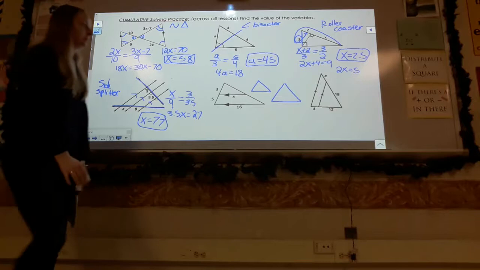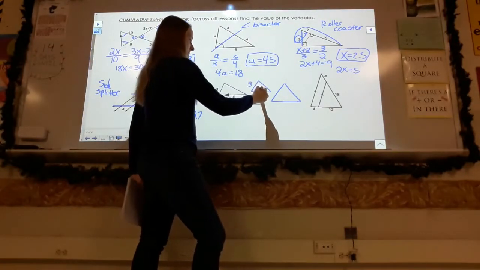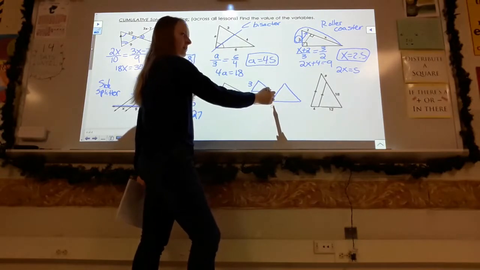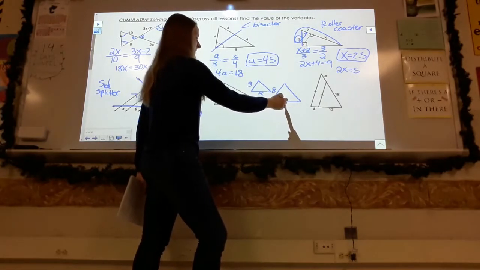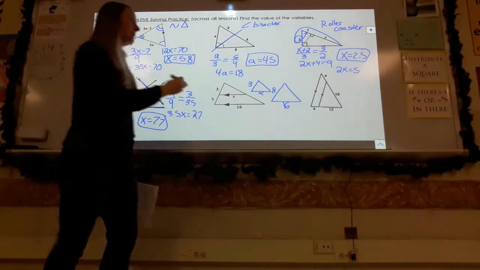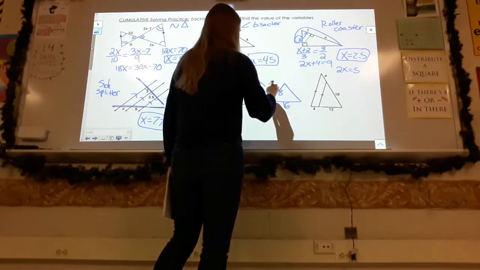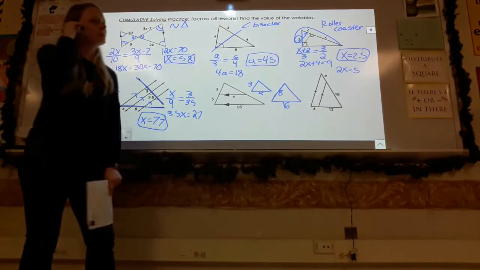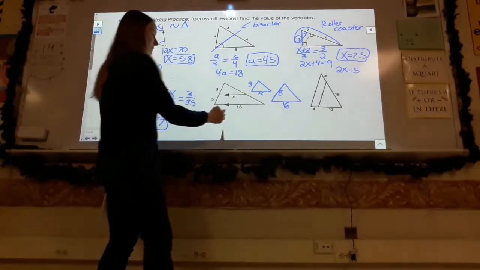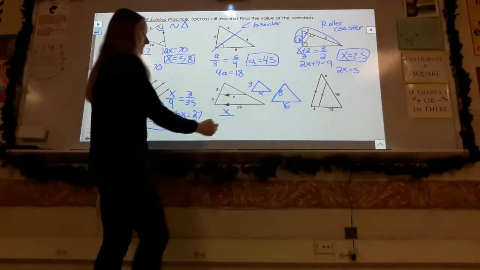Okay? So in the small one, what would this side be? 3, and then the bottom? Okay. In the bigger triangle, what would that corresponding left side be? 8. And then this one down here? 16. So once you redraw the triangle, you can match up the corresponding sides now. Alright? So if we start, like we typically do with the similar triangles, we usually start with the variable, right? So if I start with the x, what corresponds to x? 16.